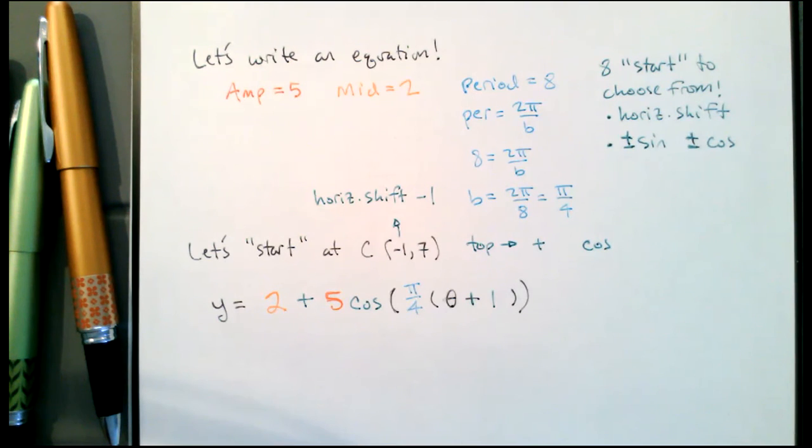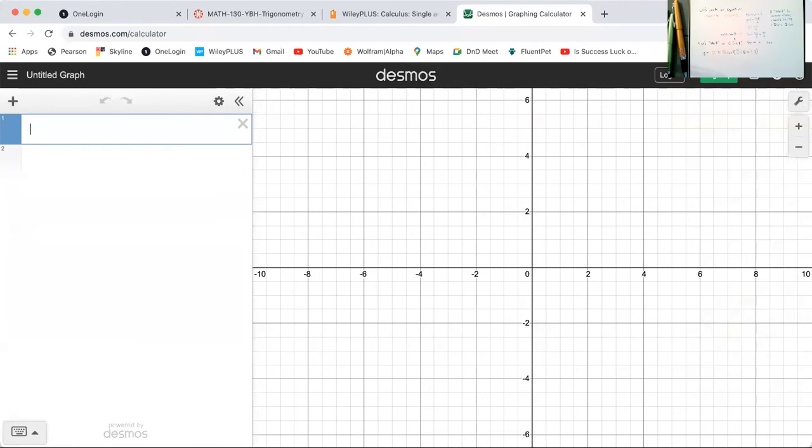Now all we have to do is take this over to Desmos and see if it has all those points that we expected. So let's jump over to Desmos, our favorite graphing calculator. And put in y equals 2 plus 5 times the cosine of, my coefficient of theta is going to be pi over 4.